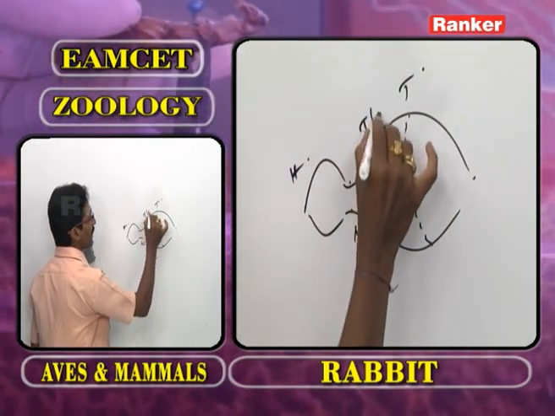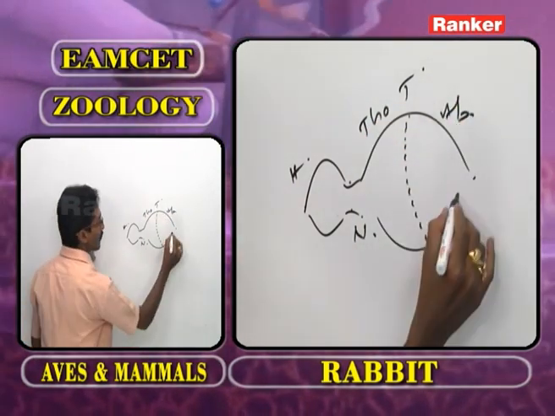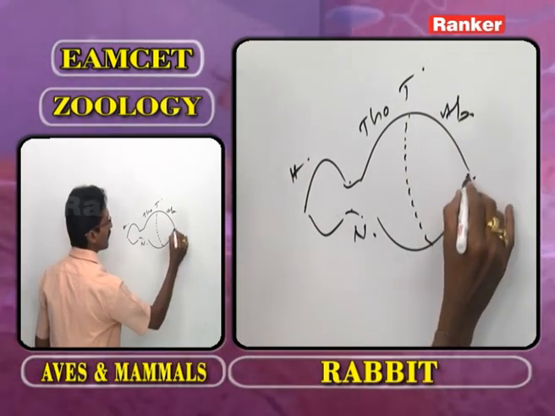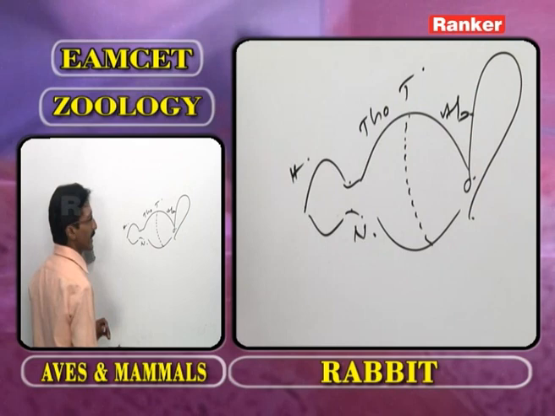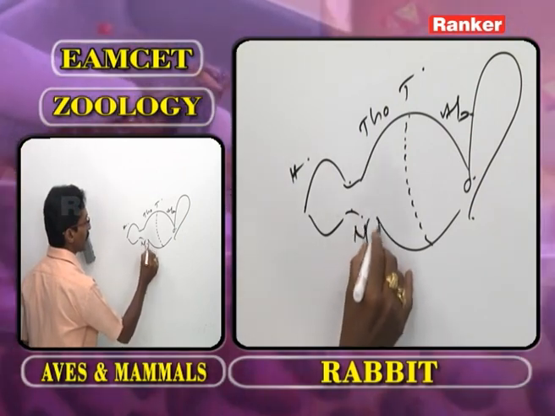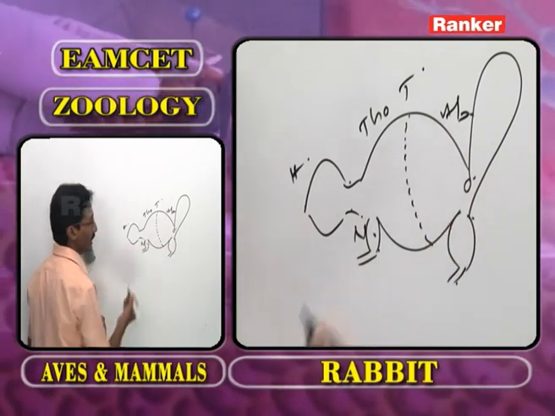One we call it as thorax, one we call it as abdomen. At the posterior part of abdomen, what is present? The anus. Beyond anus, what is present? The tail is present.